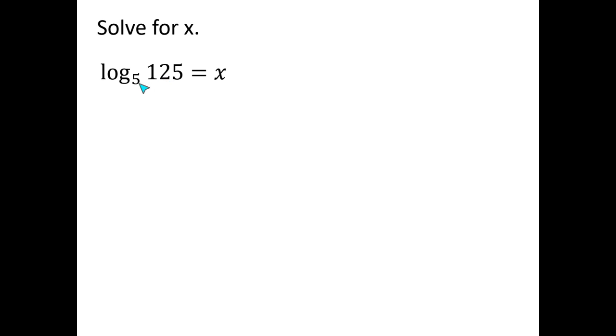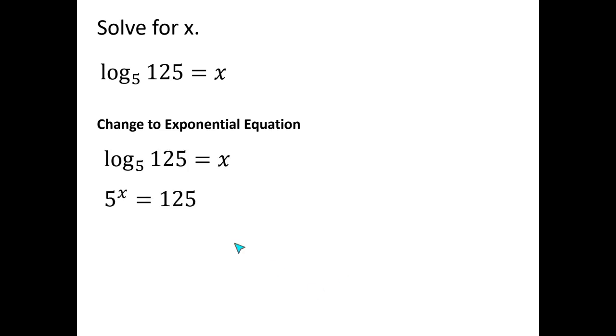Of course, we're not always going to have a perfect number like we do here. And so if that happens, then we would have to change it to exponential function. Okay, so here I'm going to go ahead and change it to exponential function. And so my base is 5. And then I always say the log is equal to the exponent.